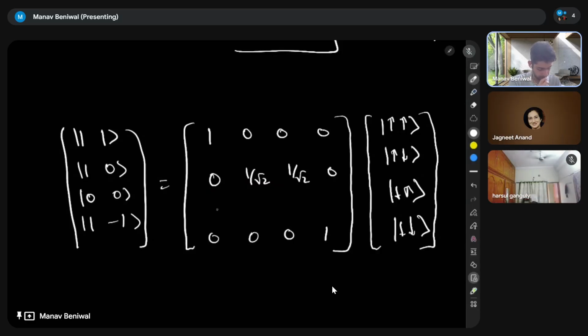Then for this one it is 0, 1 by root 2 and minus 1 by root 2 and 0. So these are my coefficients.